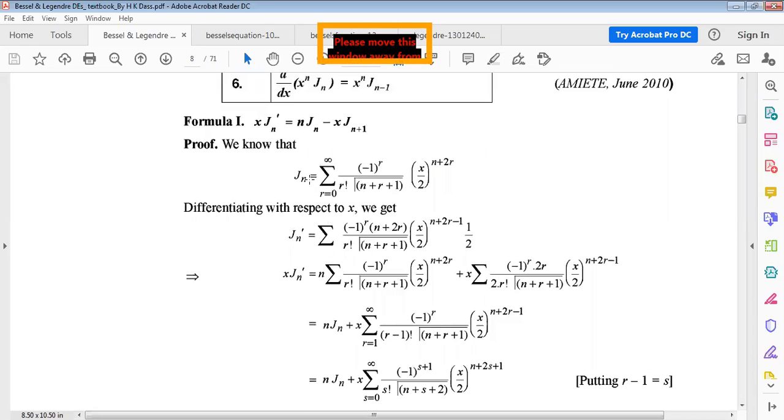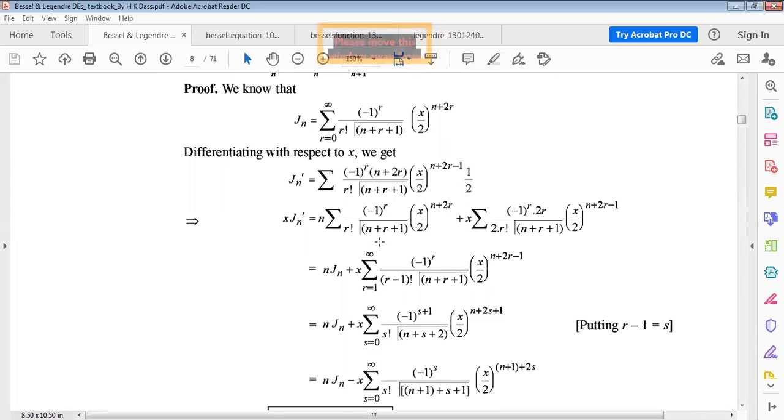Now differentiating, we get the first differentiation, just differentiating with respect to x. All others are constants. X to the power n formula: n into x to the power n minus 1, multiplying with the coefficient of x, half. Then multiplying on both sides with x, we get this.